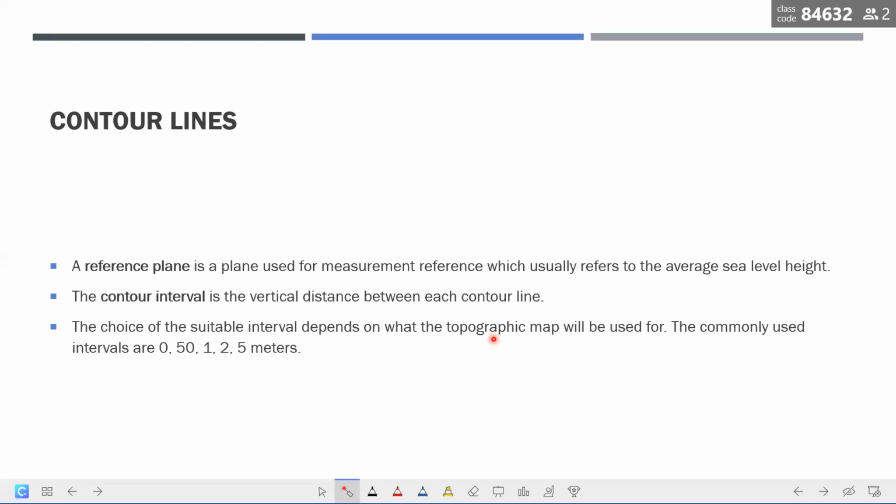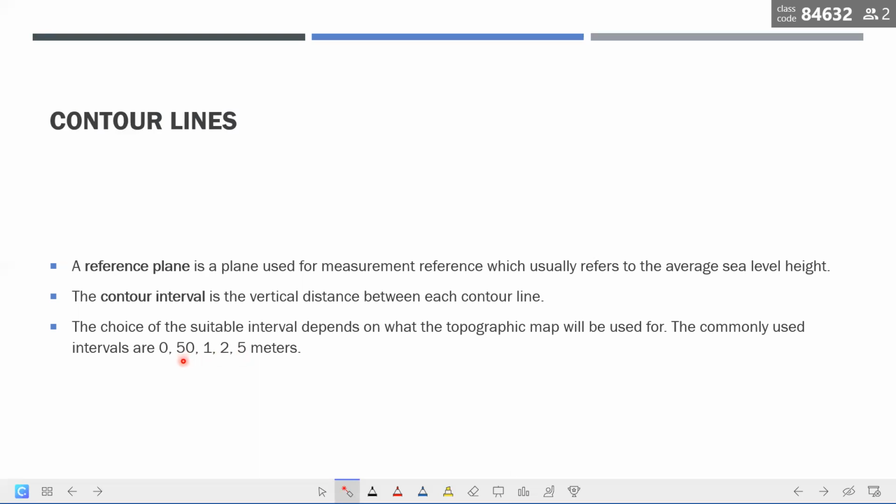The commonly used intervals are, sorry, this is supposed to be half a meter, so 0.5 meters, 1 meter, 2 meters, and 5. If you want a map that represents a very highly detailed map, then the best interval I would say is half a meter.